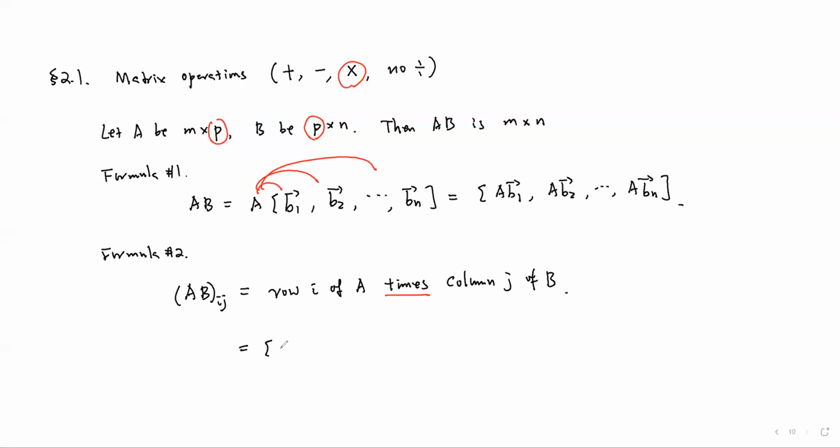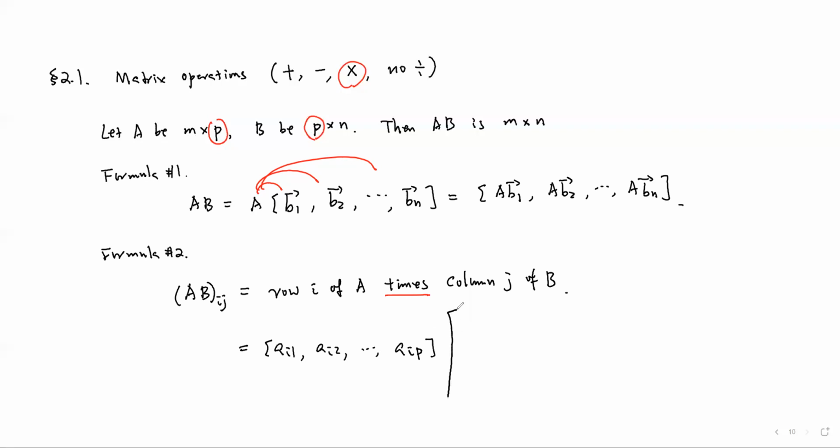The entries are Ai1, the first entry, then Ai2, and because A is M by P, the last entry in row i is AiP.